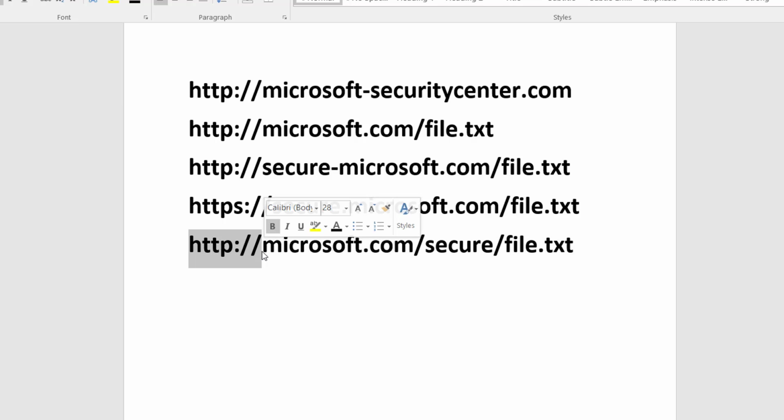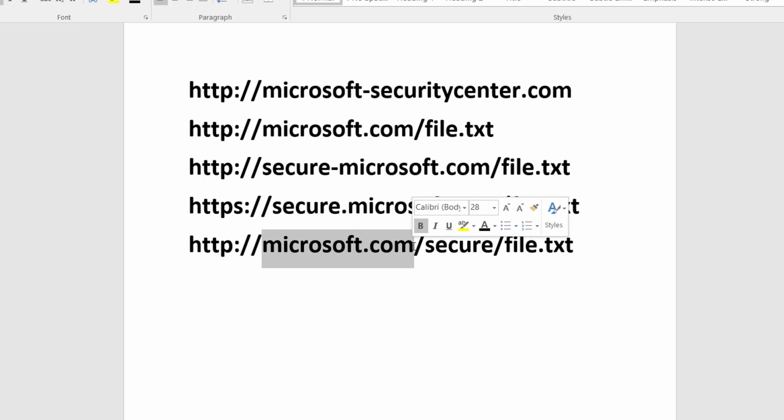And this example, is it legitimate? Microsoft.com, we see that, and we know that is a legitimate domain name. Now how about the rest of this?